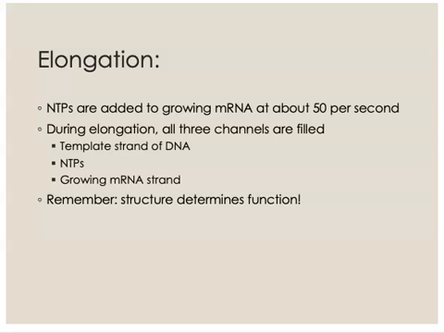NTPs are going to get added one at a time to this growing piece of RNA. This enzyme works quickly. It's going to add about 50 NTPs per second. Now, if you think about it, it's critical that RNA polymerase can work this quickly because genes can have hundreds to even thousands of bases in them.